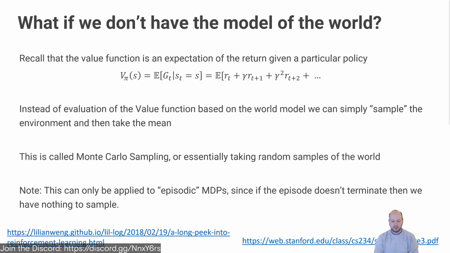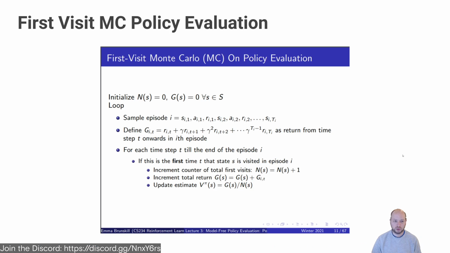If the agent can't end, if we can't hit a termination state, then it's pretty difficult to sample the world, because you need multiple episodes for this to work. So with that limitation, let's dig into how this works.